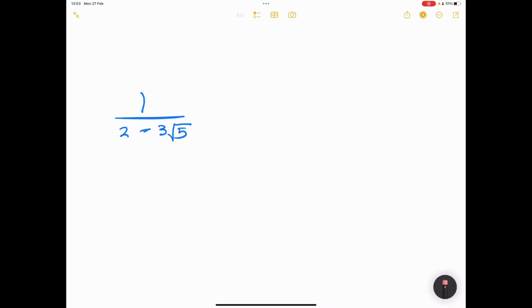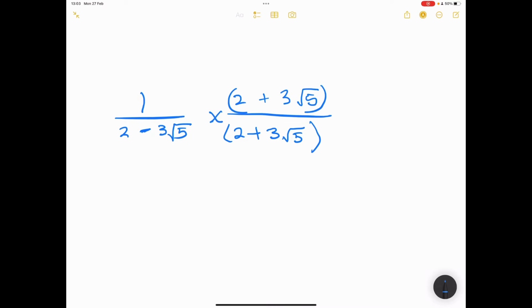Okay, all I simply do is multiply the numerator and the denominator by the conjugate. What is my conjugate? It's going to be 2 plus, right? I said it changes sign. We had a minus, now it's going to be 3 root of 5, okay? And what I do at the bottom, I do at the top. That's 2 plus 3 root of 5, right?